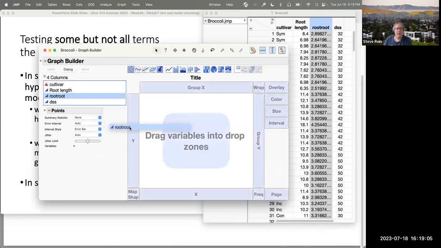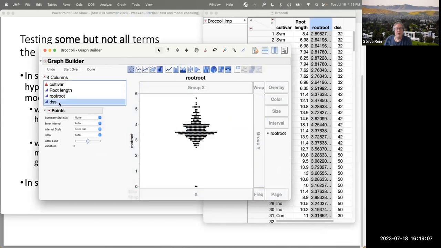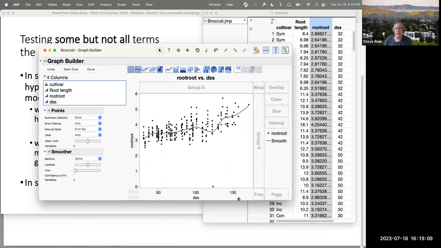The square root of the root length might be different across the amount of time. And there are two oddball data points at 123 days after seeding that seem to have no roots, and so we included them in the data set.